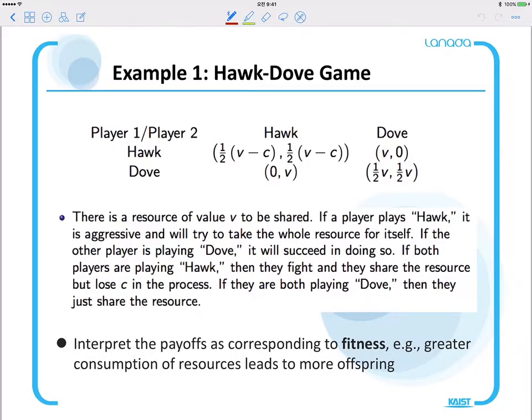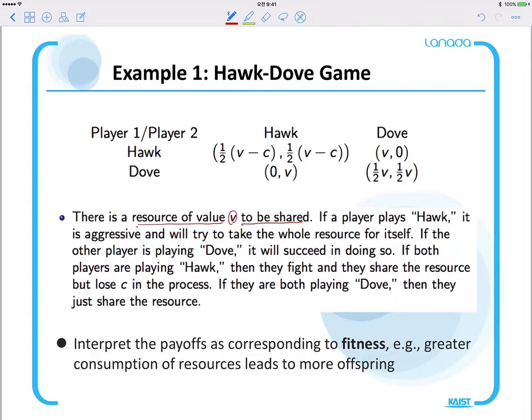Okay, this is the first example. This is the game called the hawk and dove game. Some of you may remember it, but let me remind you what this game is. Suppose there is a resource with the value v, and it should be shared by player 1 and player 2.